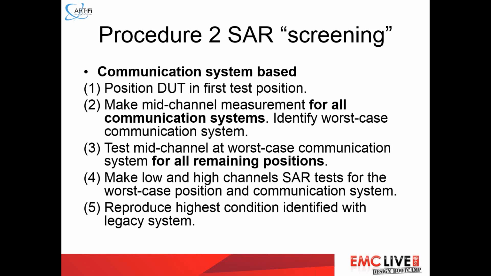The idea is to position the DUT in a first test position, then make mid-channel measurements for all communication systems, identify the worst case communication system in this position, then use this worst case communication system to test mid-channel for all remaining positions. And finally make low and high channel SAR tests for the worst case position and communication system. In the end, the highest condition will have to be reproduced with the legacy system.